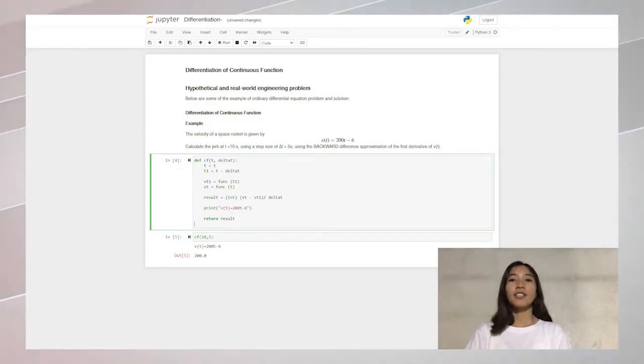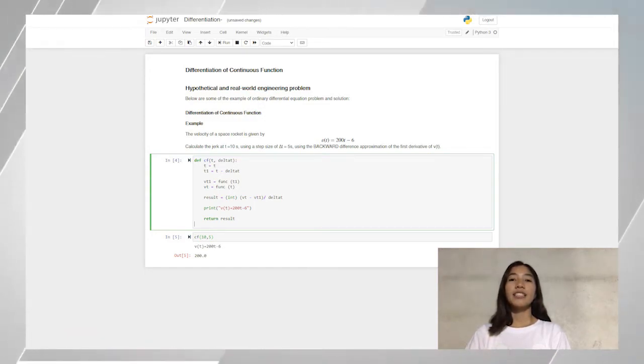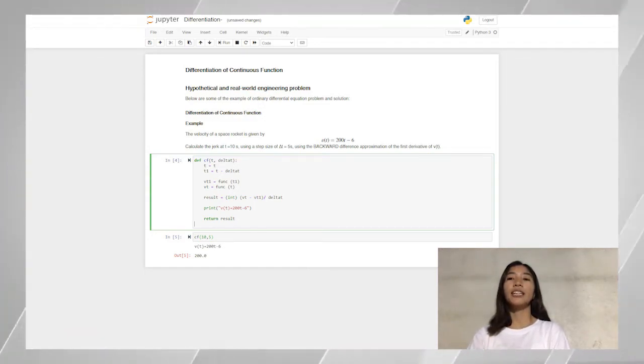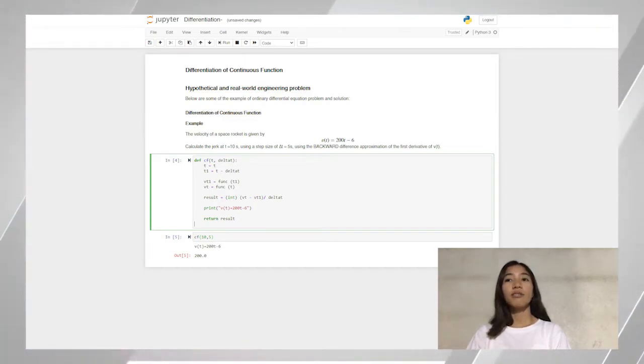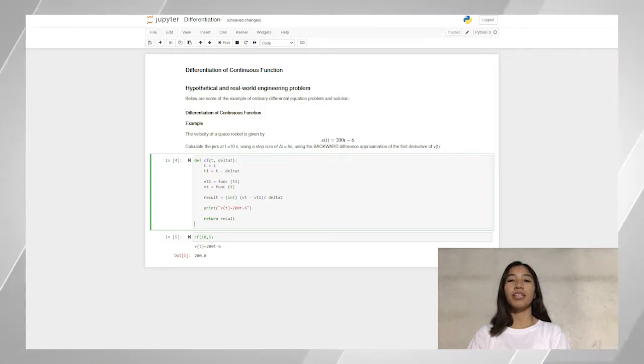In solving this using Python codes, the first thing we will be doing is to type def along with our chosen variables, given that Python code def is used in stating the function. As you can see in our code, we assign cf as our function name with t and delta t. Thus, we have def cf open and close parenthesis t comma delta t.